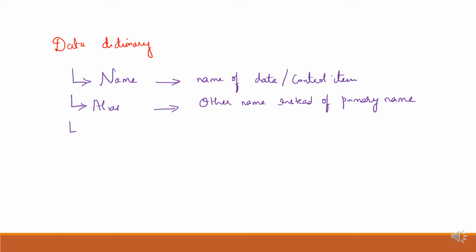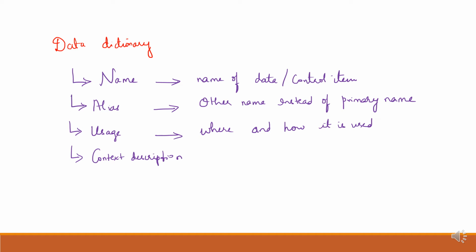Next, the information present in the data dictionary is usage: where and how it is used. For example, whether it is an input or output to a process, or a store, or an external entity. It will also have a content description, which describes the content using a standard notation.